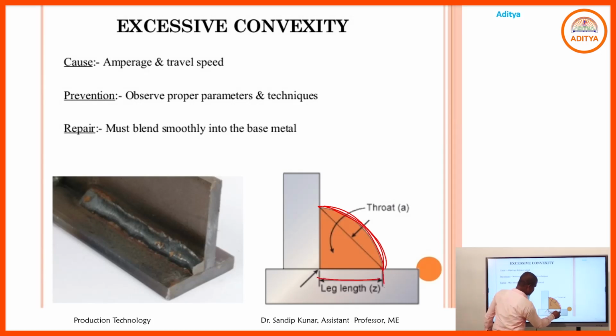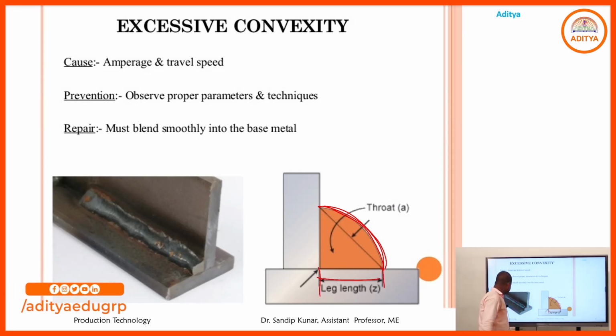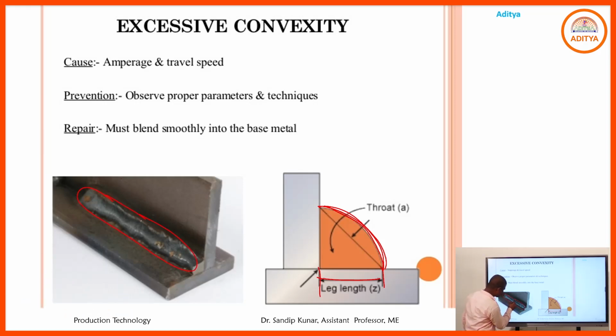Extra material has been deposited in that zone, so a convex type shape has formed in that welding zone. Extra metal also requires extra power for melting, so we remove that problem. The extra convex shape is not required.